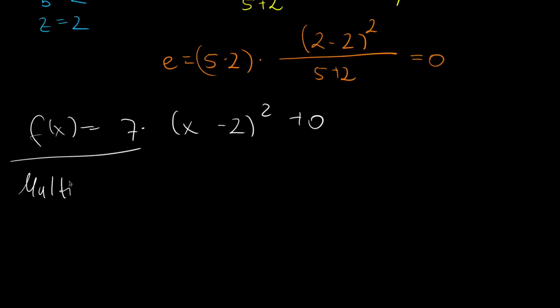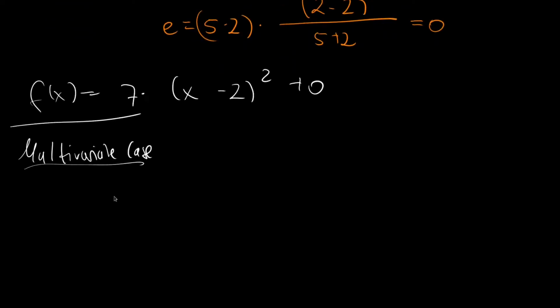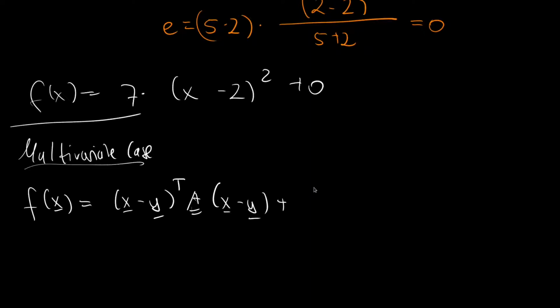And recall the multivariate case, that meant that our function is taking more than one input, so a vector valued input, and the function is given as f of vector x as (x minus y) transpose, so x vector minus y vector, component-wise subtraction, transpose, times matrix A times (x minus y vector), plus (x minus z) transpose, matrix B times (x minus z).